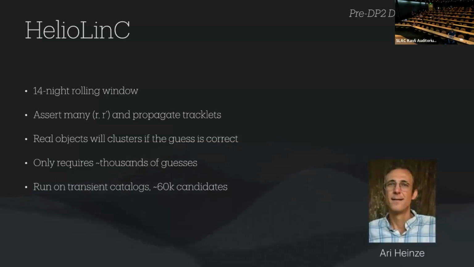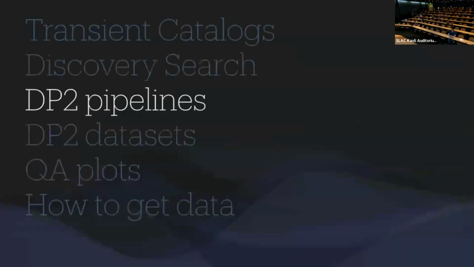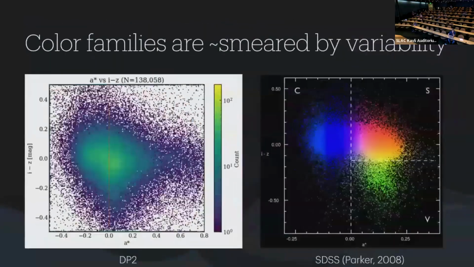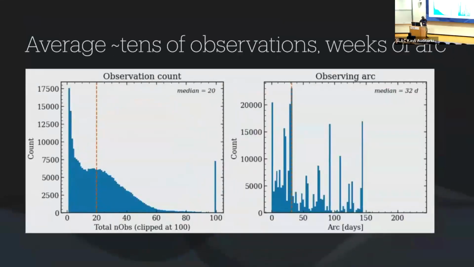Thanks, Jake. I was a little confused about your statement that you shouldn't use absolute magnitudes for colors. Do you mean like the absolute magnitude estimated from a single visit? No, so even our cadence is a little weird and spiky, and an object might have just one observation in the G band, or it might have 25 observations all from the same night when it had the same rotation phase.